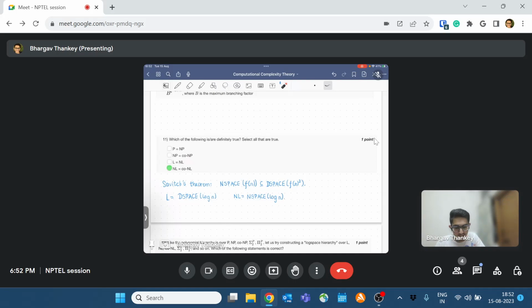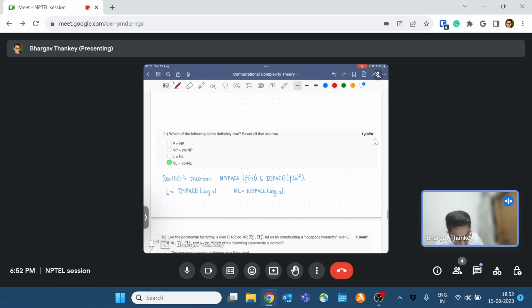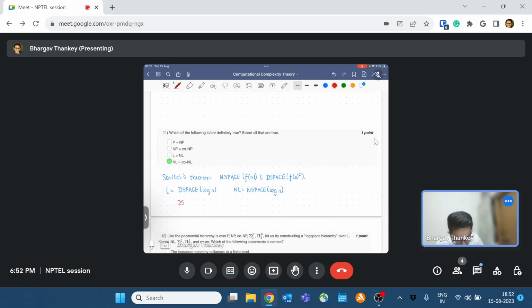So if instead of defining L as this, you defined L as this, and NL is also this, then what you said would be correct.